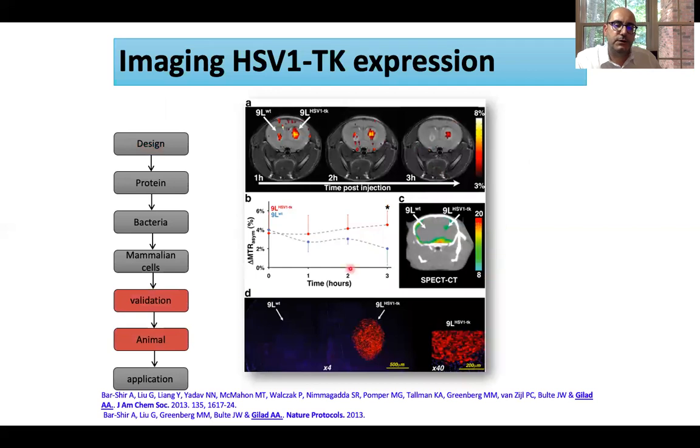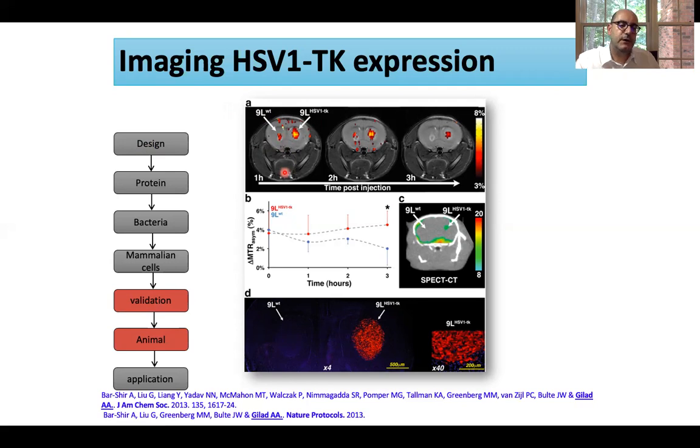So Amnon Bashir, who is a professor at the Weizmann Institute, back when he was in my lab, designed a probe that produces CEST contrast when it is trapped inside cells, and he engineered tumor cells to express the thymidine kinase, the HSV-TK. Upon injection of the CEST probe, we can see that the probe accumulates both in the HSV-TK expressing tumor, but also in the wild type tumor and the control tumor.